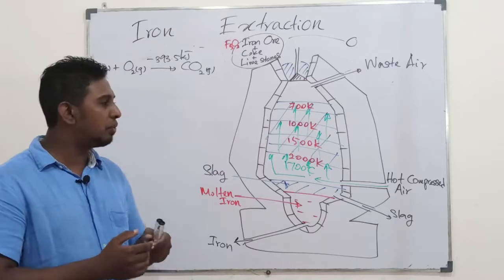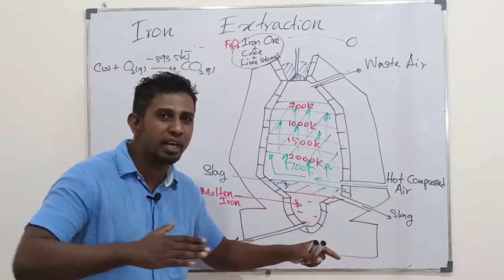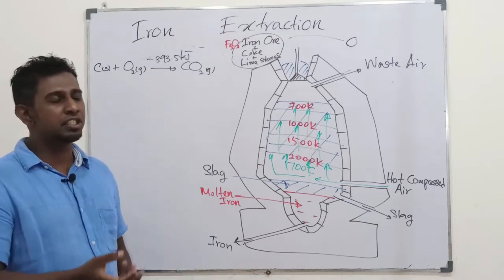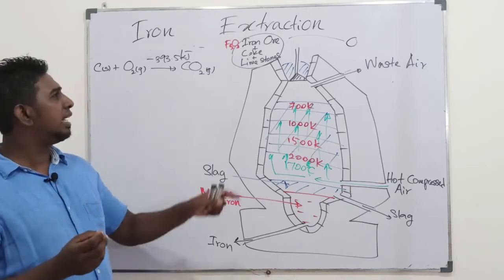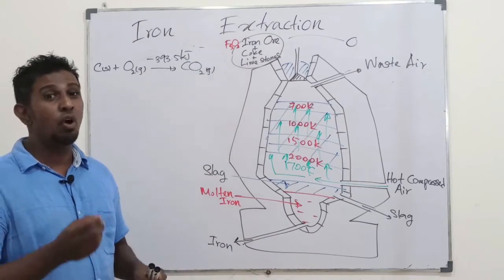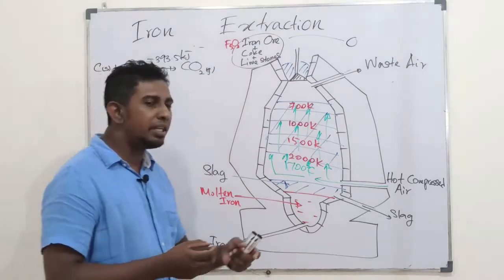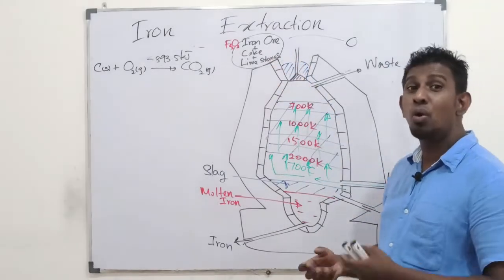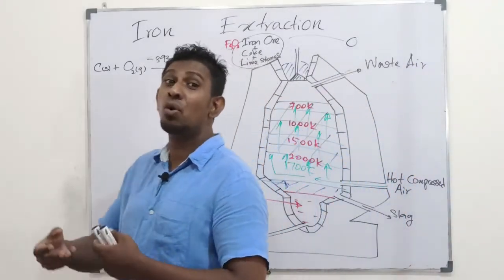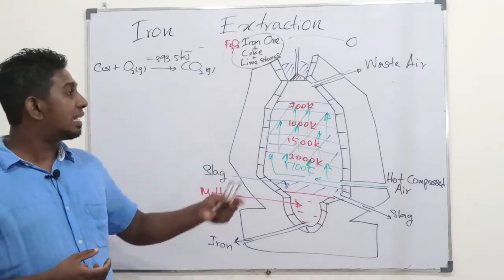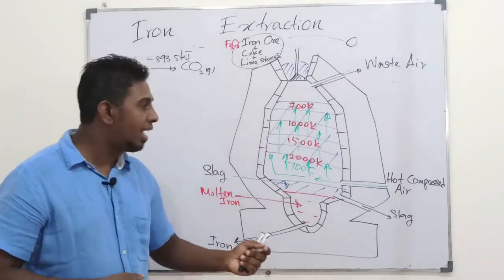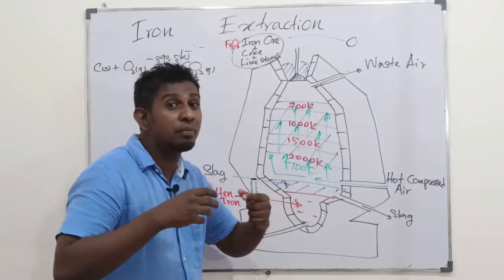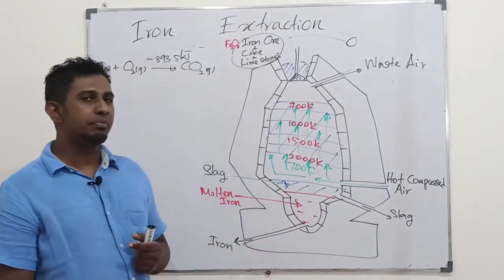To make sure of that, you need to optimize this flow rate as well as the flow rate when you drop the solid mixture, and you need to maintain the particle size optimally. You need to maintain the composition of this mixture, the coke amount, the coke particle size, the flow rate, as well as the flow rate of the hot compressed air stream.